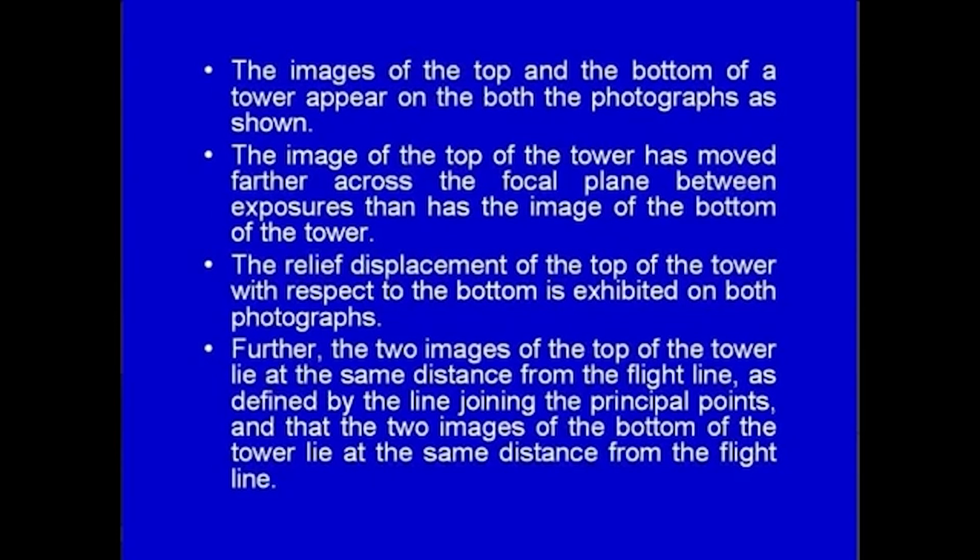The relief displacement of the top of the tower with respect to the bottom is exhibited by both photographs. Further, the two images of the top of the tower lie at the same distance from the flight line, as defined by the line joining the principal points, and the two images of the bottom of the tower lie at the same distance from the flight line.